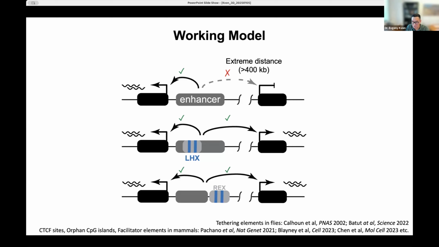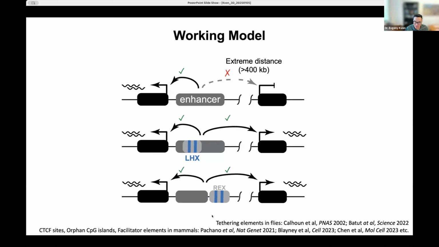SOX9 enhancers still work, ZRS still works. So there appears to be, and this is pure speculation, 2 types of enhancers in mammals: those that are regular, short range, and enhancers that are long range, that have these Rex elements. And these long range enhancers can work over long range.